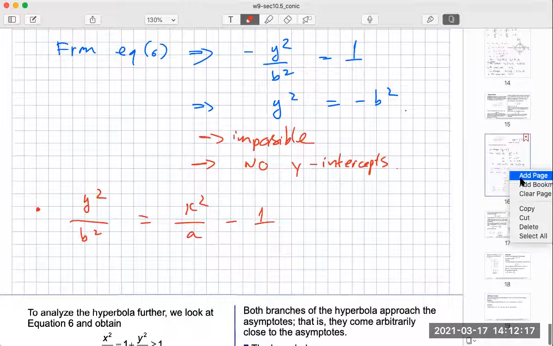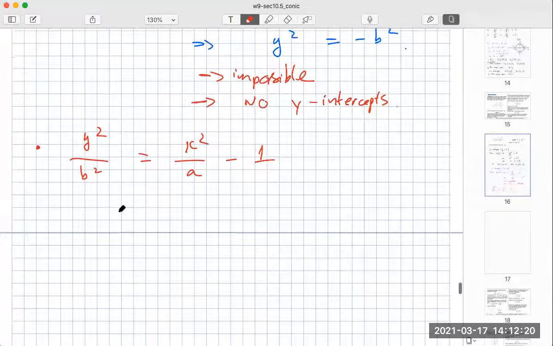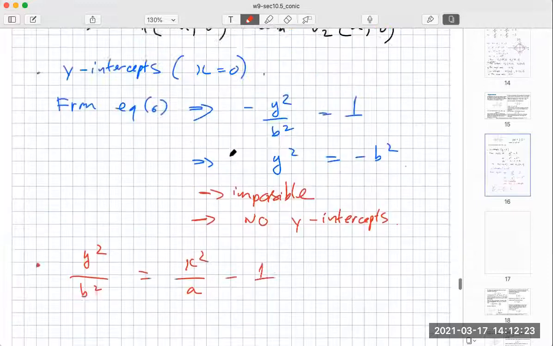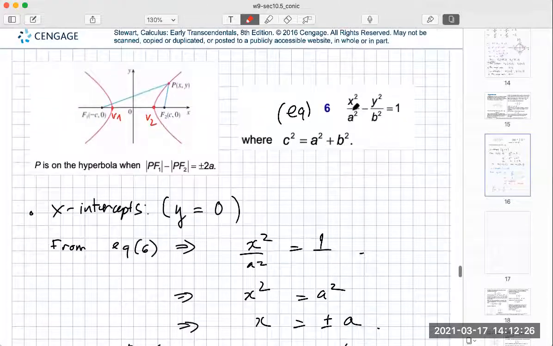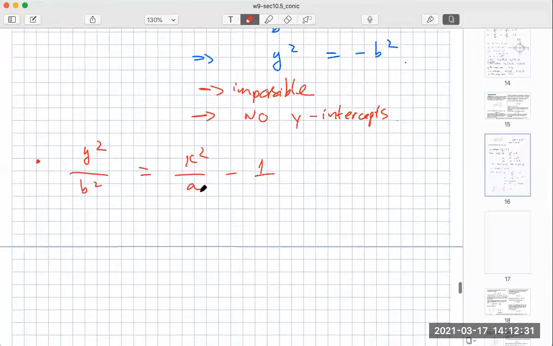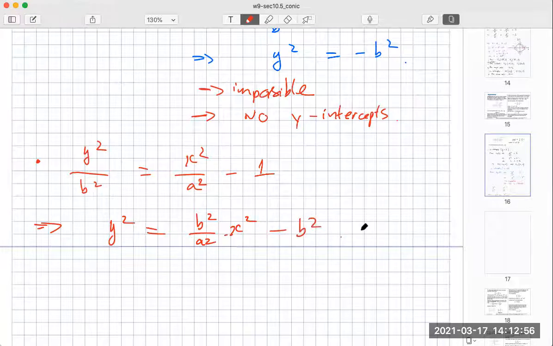Just subtract both sides by x squared divided by a squared, and then multiply both sides by negative 1. From here, if we multiply both sides by b squared, what do we have? Very good: b squared over a squared times x squared minus b squared, right?